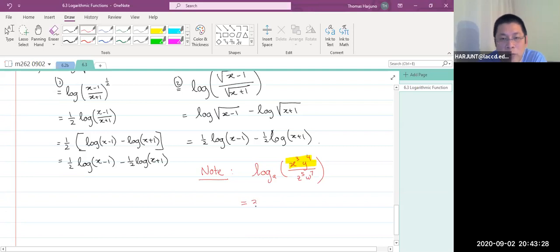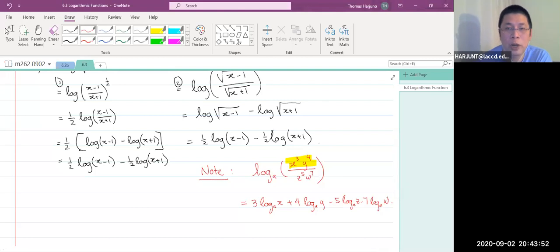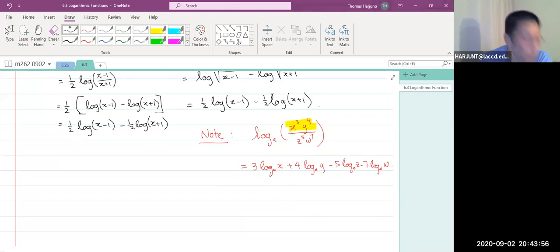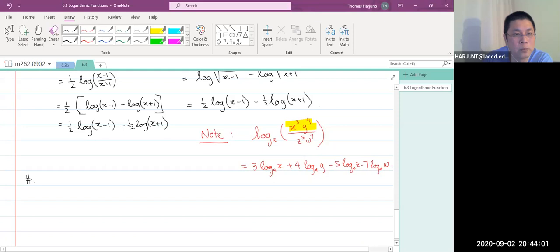So the exponent becomes the coefficient: 3 log base a of x plus 4 log base a of y minus 5 log base a of c minus 7 log base a of w. Okay, do it in one single strike. Now, once you are able to actually break it up that fast, and hopefully, when we need to put them together, we can do it almost at the same speed.